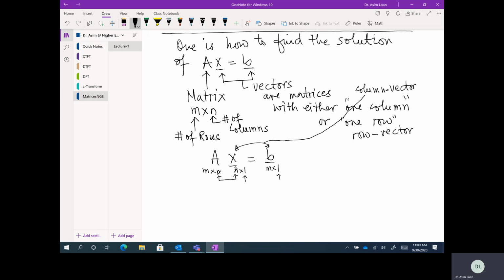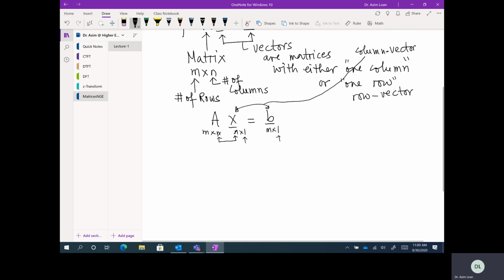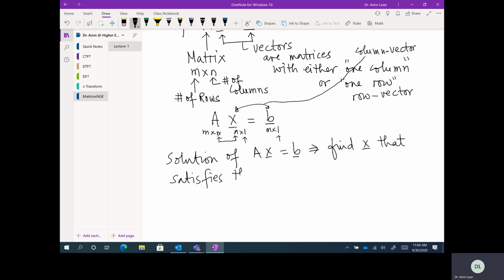So a matrix times a column vector is another column vector. And when we say we want to solve this AX equals B, the solution of AX equals B simply implies find X that satisfies this equation.